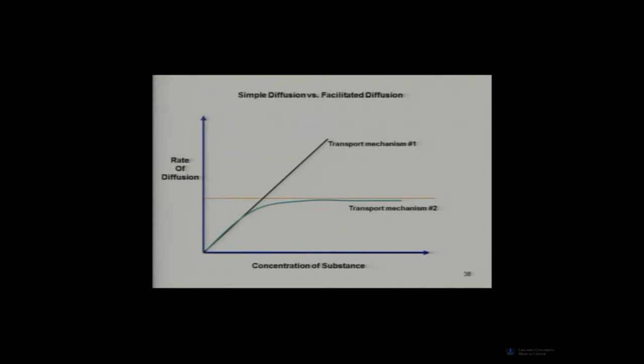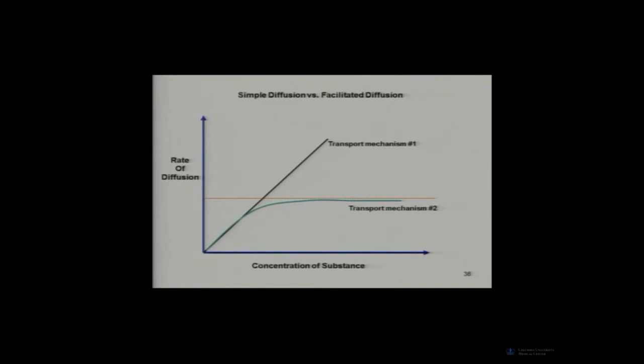So for something that is crossing the membrane, if it can cross the membrane, you would expect that as I increase the concentration on one side, the rate of diffusion will increase, right? You agree? So as I increase the concentration, let's say on the outside of the cell, the rate at which that substance moves into the cell is going to increase.